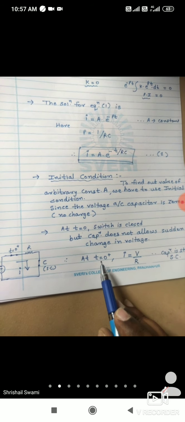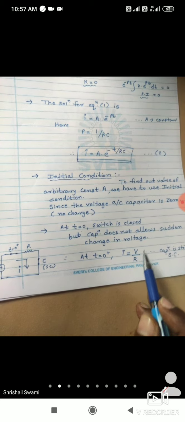So put these two, that is t equal to 0 and I is equal to V by R, in equation number 2.